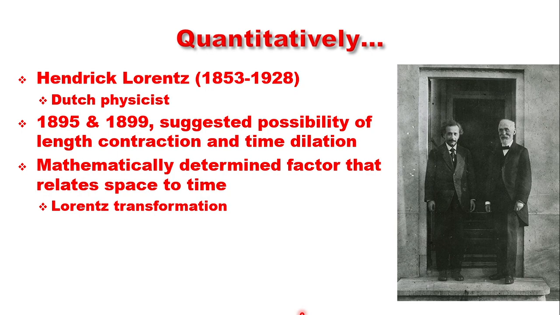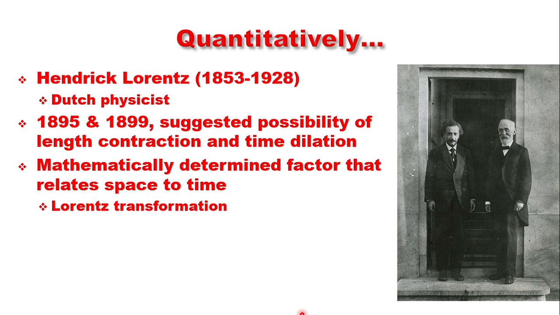And purely speculatively, he didn't turn it into a whole theory, he came up with a mathematical equation, a factor, that would relate the effects of space and time at speeds relative to the speed of light.